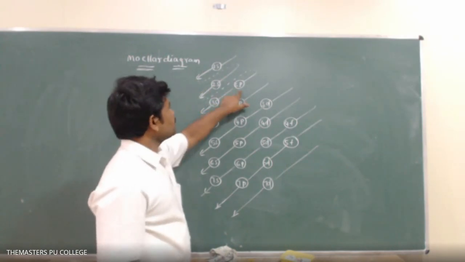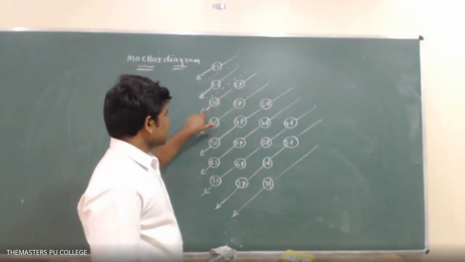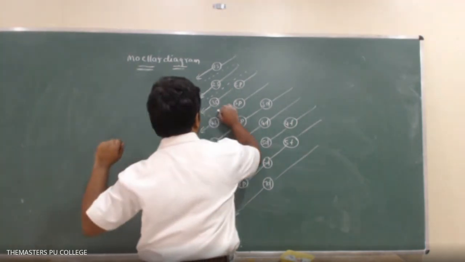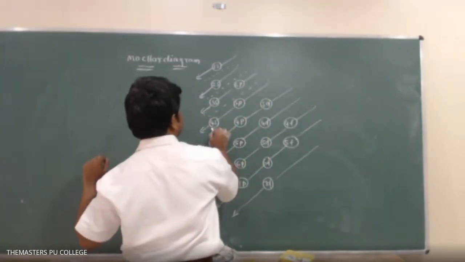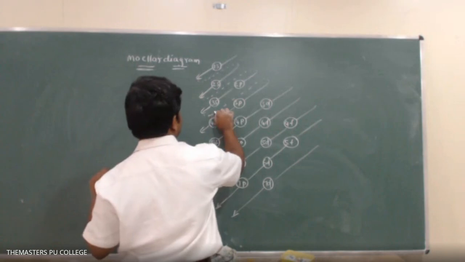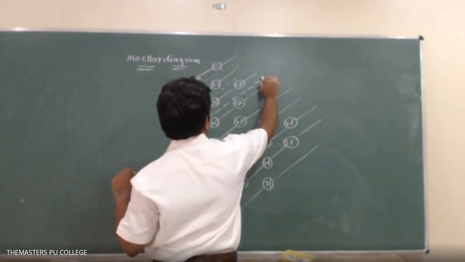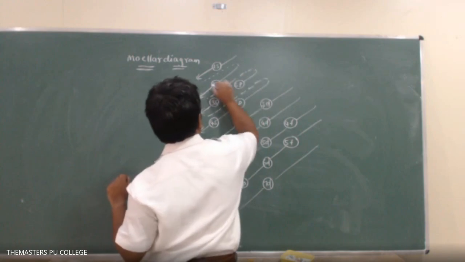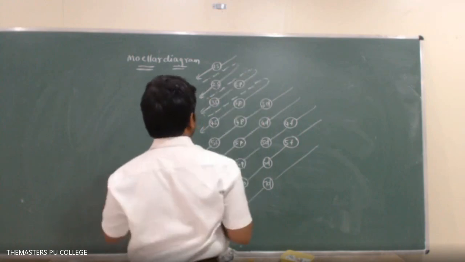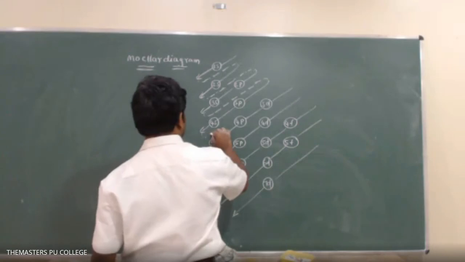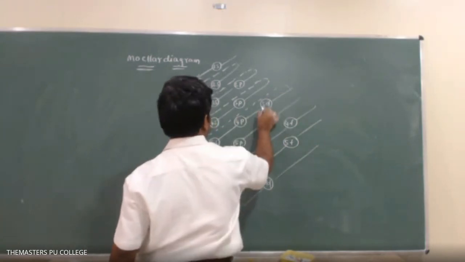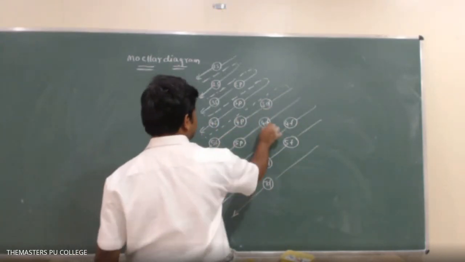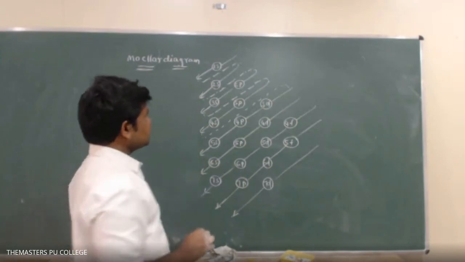After that 2p, next 3s, next 3p, next 4s, next 3d, 4p, 5s, next 4d, 5p, 6s, like this.